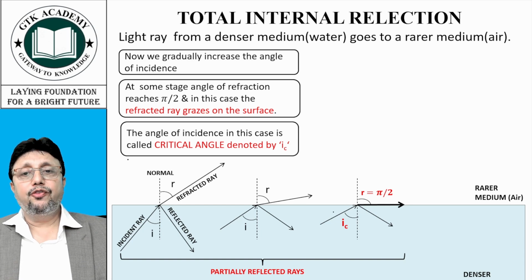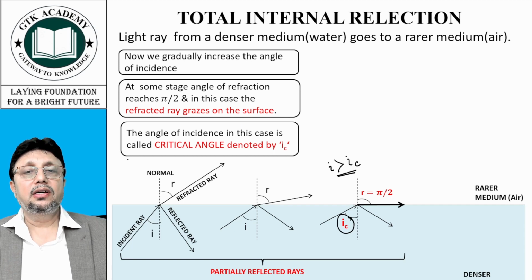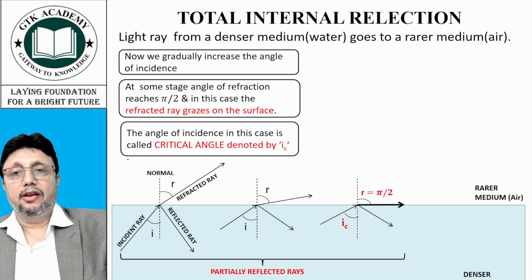Now, if we increase the angle of incidence more than this critical angle, what happens? If the angle of incidence I is greater than the critical angle, what will happen? Can you guess? Just pause this video and guess. I think some of you might have guessed it correctly. Anyway, I'll clarify what will happen.